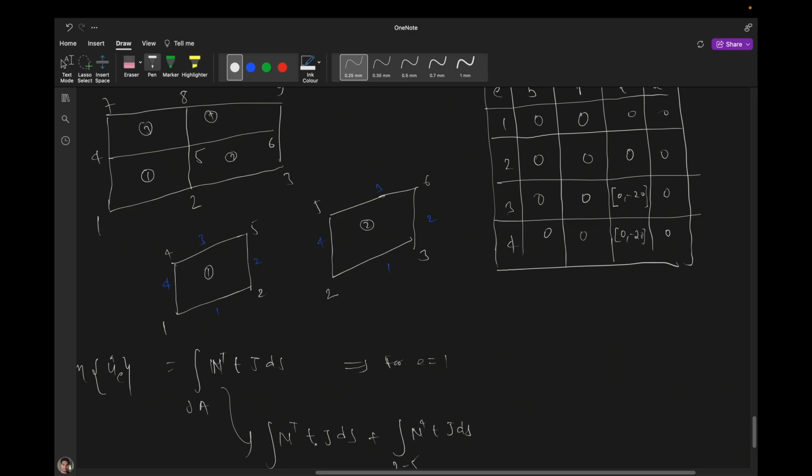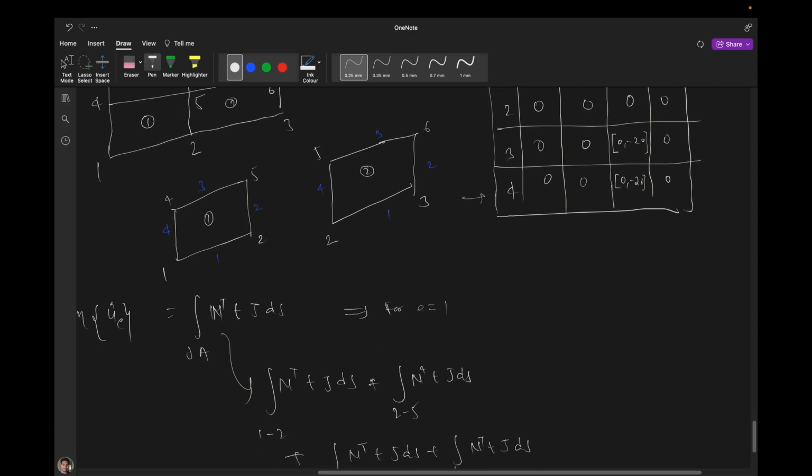Whenever we take the traction, the N transpose t, then t will be this edge matrix, so that when it takes the matrix multiplication with row and column, automatically the edge from 1 to 2 will be multiplied with 0 and then 0, and when it goes for edge number 3, it will multiply by this.